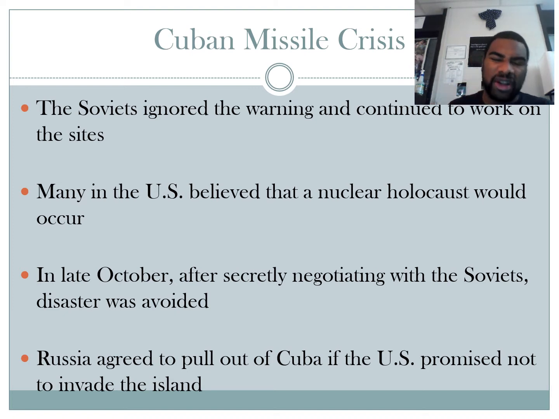So they struck a compromise, a deal that prevented nuclear war. And there was much fear at the time over nuclear war. Even some U.S. leaders thought it was inevitable. But I think it's best for the world that this did not happen.